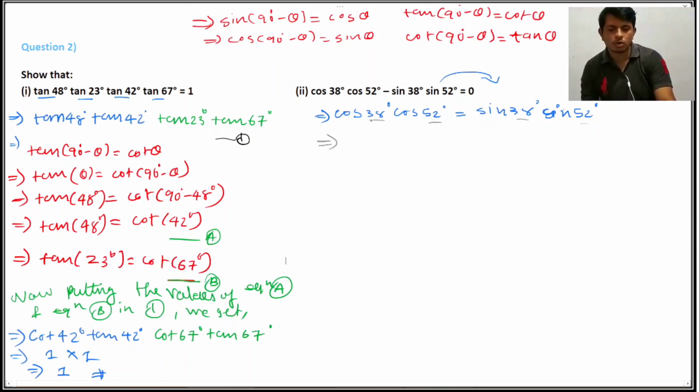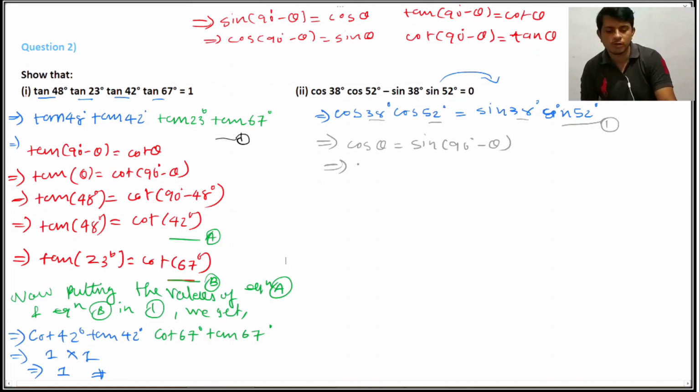First of all, name this equation as equation 1. Now we already have the formula that cos theta is equal to sin (90 minus theta), right? So similarly for cos 38, theta is equal to 38.